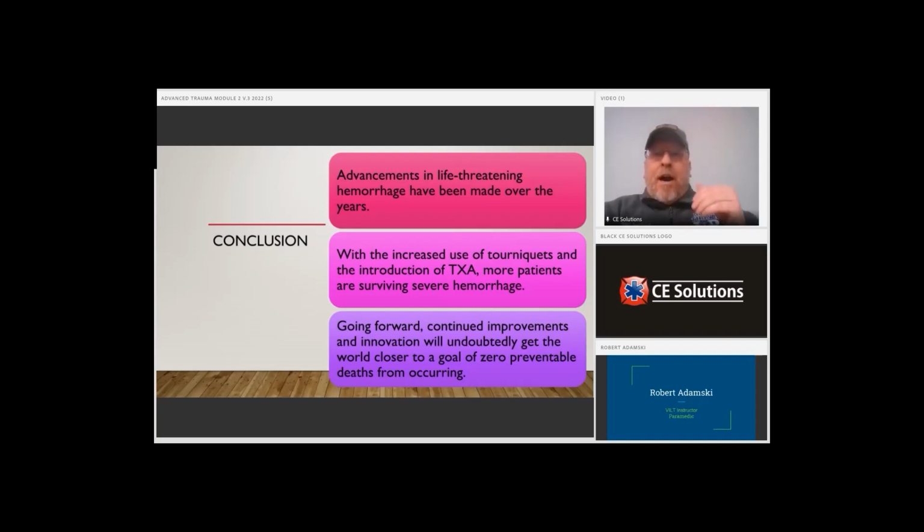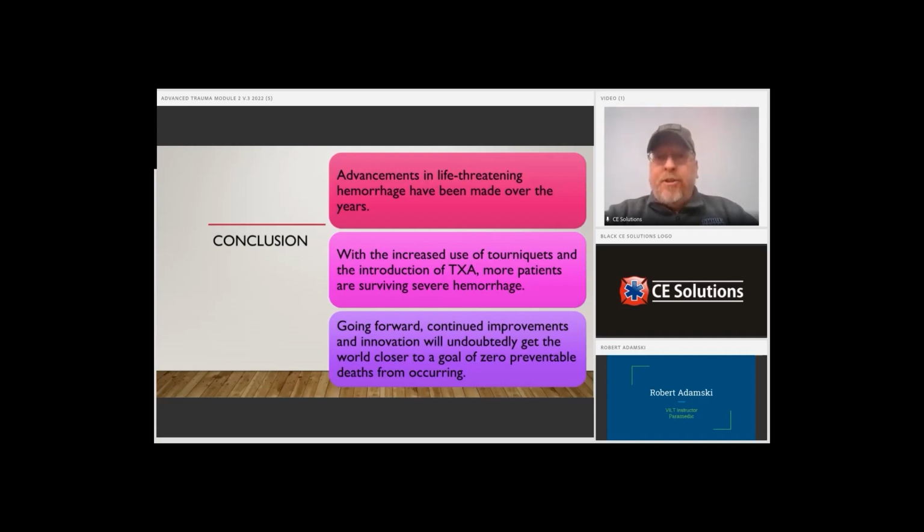Don't forget our ultimate treatments: direct pressure, 2 hands, as much pressure as you can, tourniquets if we have an extremity injury, 2 to 3 inches above the wound site. You turn the windlass until the bright red bleeding stops. All bleeding should stop. Don't forget that.